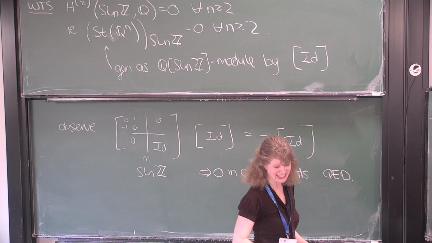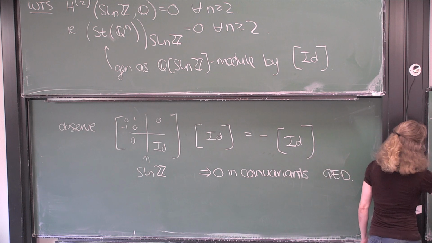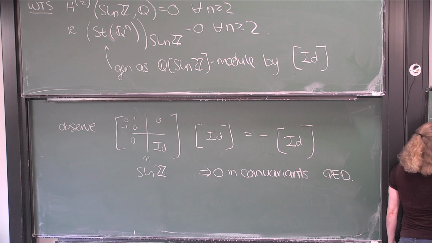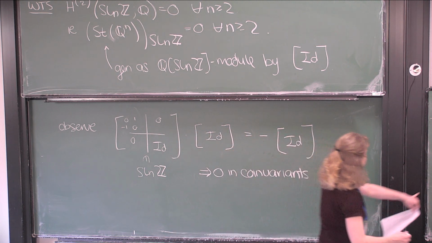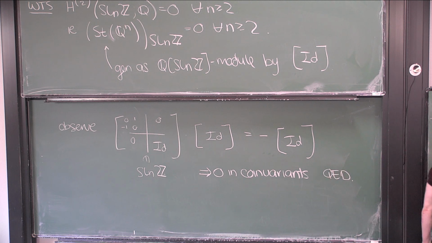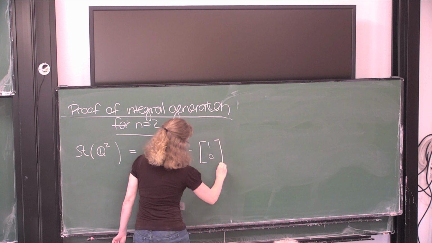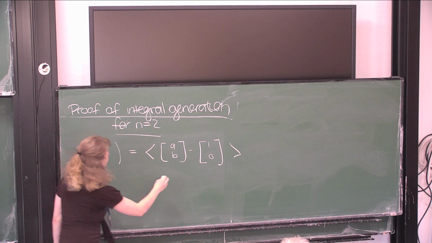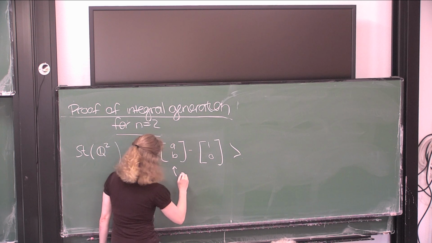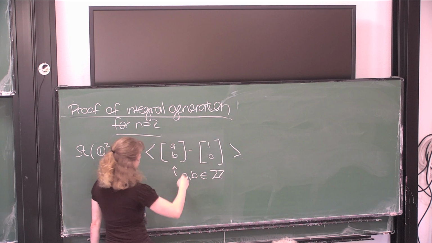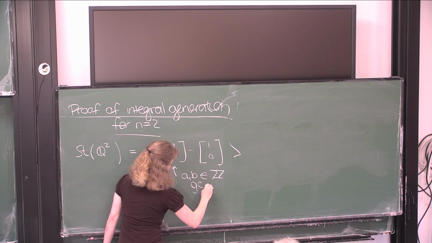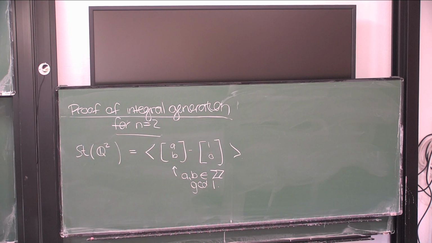Yeah, exactly. Okay, so by Solomon-Tits, for n equals 2 by definition, the Steinberg module is generated by these differences of lines, of this form. Again I'm going to use this convention where I represent a line by choosing a generator, a primitive integer vector for a basis of that line.